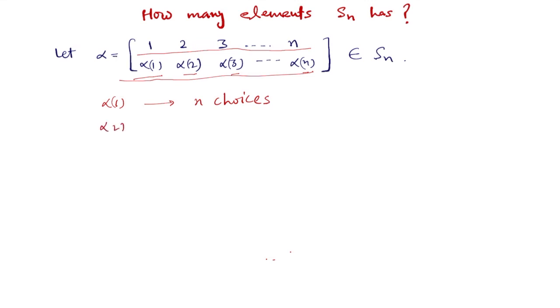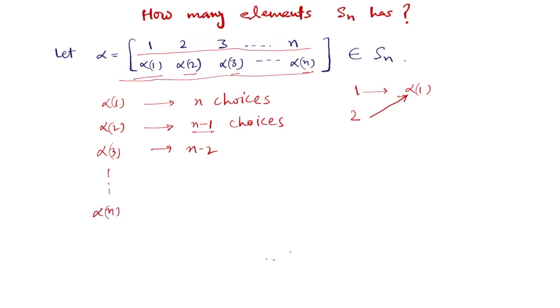The second image alpha 2 is left with only n minus 1 choices because 1 is sent to alpha 1, so we cannot send 2 to alpha 1 again. So 2 will have the remaining n minus 1 choices. This is because alpha is 1-1 and onto. Similarly, going on, alpha 3 has n minus 2 choices and so on.